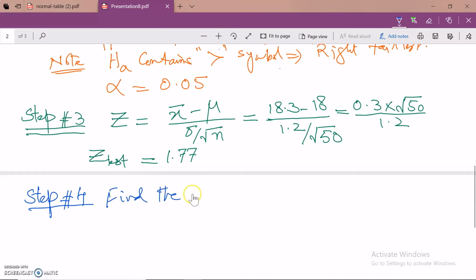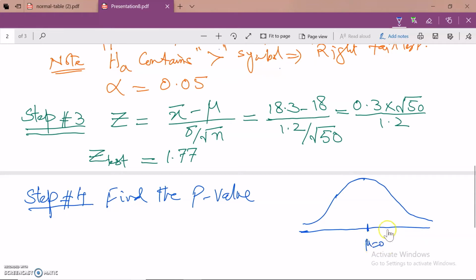In order to find the p-value, I have to draw a bell-shaped curve. That's how the bell-shaped curve looks. Exactly in the middle, write the mean value, which is the standardized 0, then 1, 2, and 3, and -1, -2, and -3.